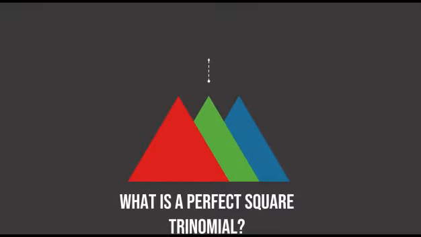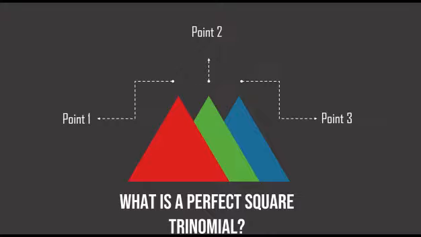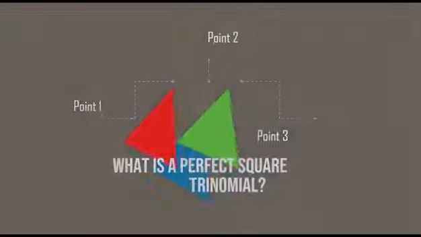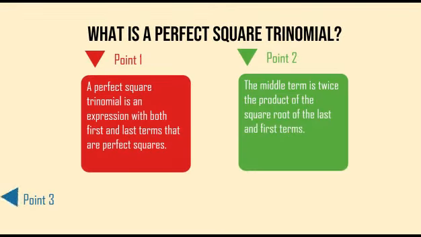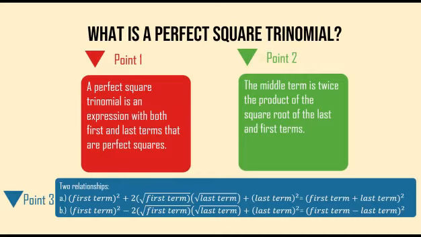Now, what is a perfect square trinomial? We have 3 points for this question. Let's start. In point 1, it states that a perfect square trinomial is an expression with both first and last terms that are perfect squares.